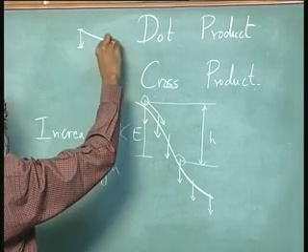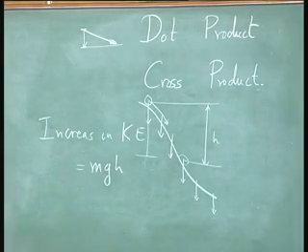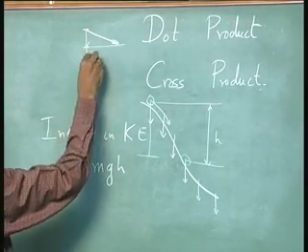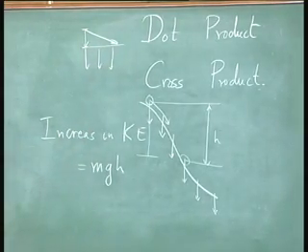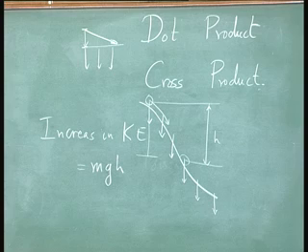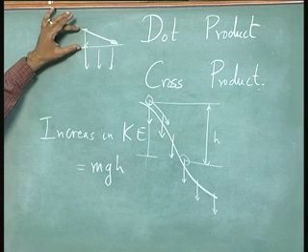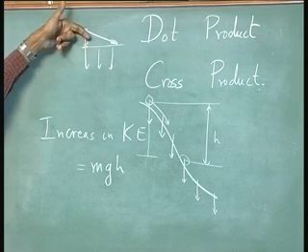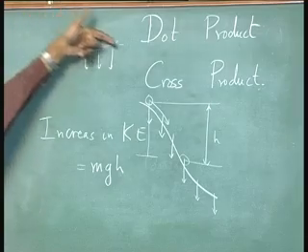If it fell like this, it still gained only mgh. The force due to gravity is uniform and downwards. So, somehow you need to get a number that is constant regardless of which way the ball is falling, whether the ball is falling straight, ball is falling sideways.